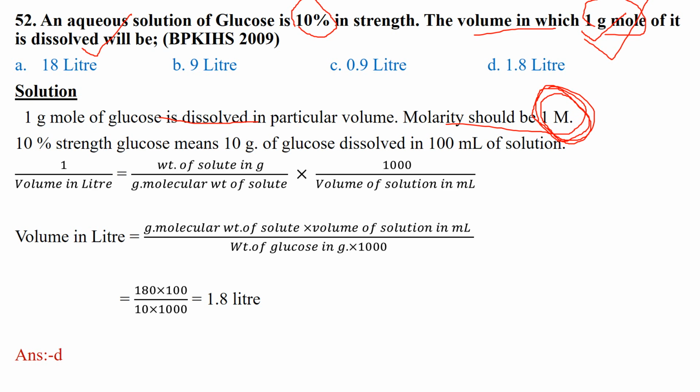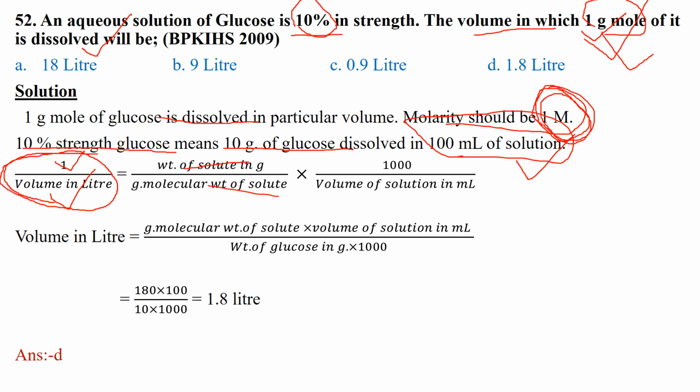Then 10% strength of glucose means 10 gram of glucose is dissolved in 100 ml of solution. Then we have to calculate the volume in which 1 gram mole of this 10% strength glucose is dissolved. Here is the formula: 1 by volume in liter. 1 means 1 mole, so 1 mole divided by volume in liter means molarity, which is equal to weight of solute in gram by gram molecular weight of solute into 1000 by volume of solution in ml.